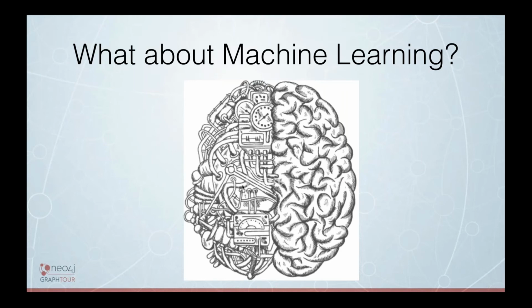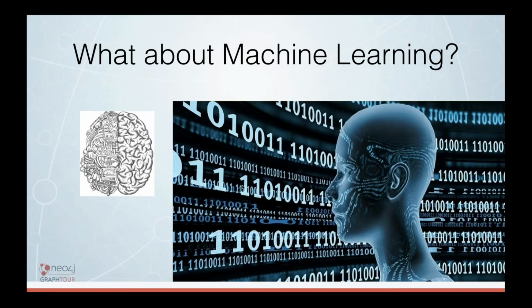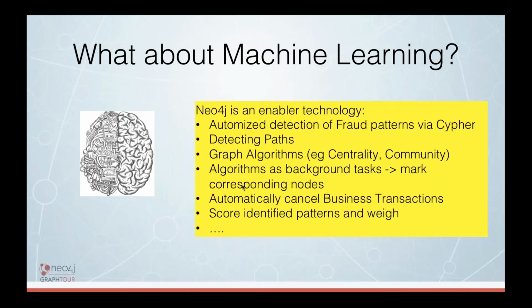Can Neo4j also be used to support machine learning? The way I see it, Neo4j can be an enabler technology to support your machine learning algorithms by automated detection of fraud patterns via Cypher queries and automated detection of fraud rings, and by verifying if shortest paths exist. You can also use graph algorithms as the foundation, such as centrality and community.